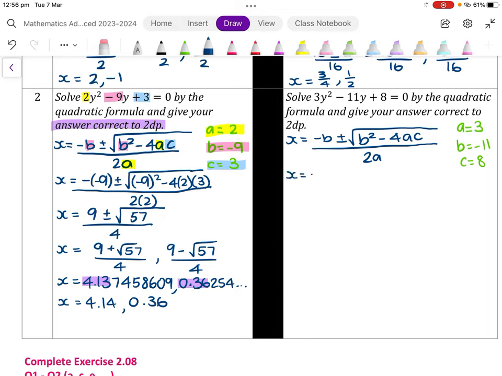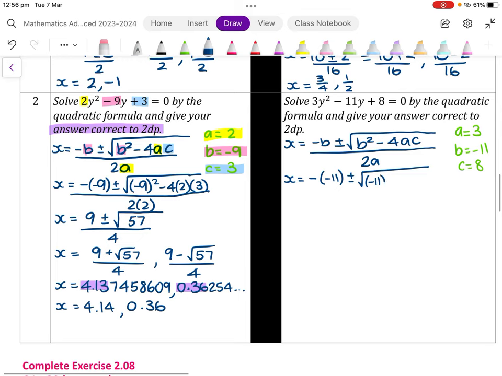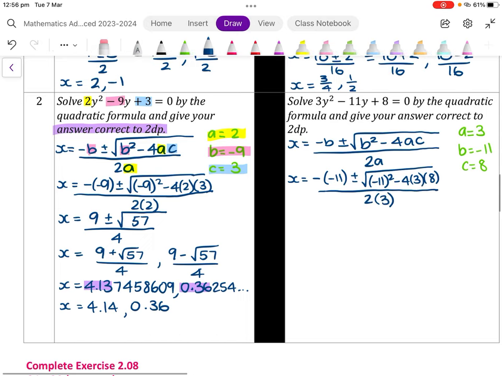So x is equal to minus negative 11 plus or minus the square root of negative 11 squared minus 4 lots of 3 lots of 8, all over 2 lots of our a of 3.